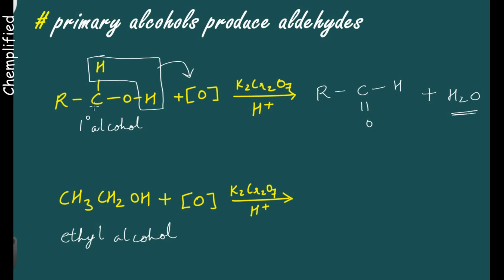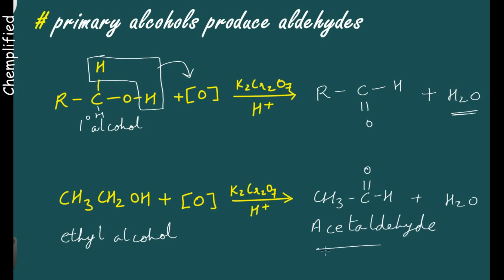This will be your aldehyde because one hydrogen is also at this place. Now, how will ethyl alcohol react? It will give you CH3CHO plus H2O. What is this? This is your acetaldehyde. That's how the formation of aldehyde took place by using primary alcohols.